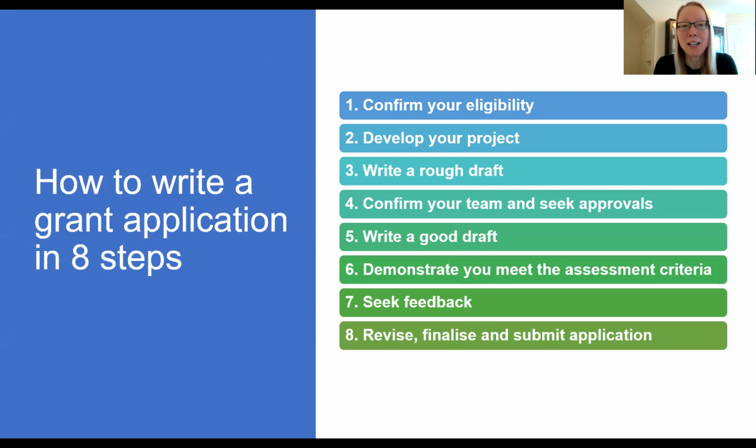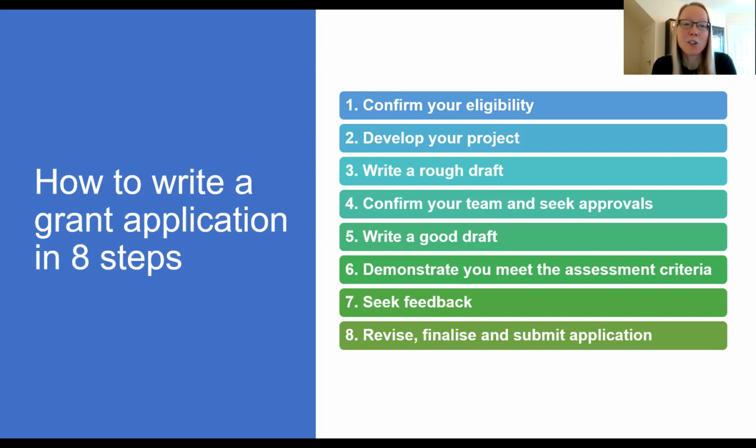So the first step is to confirm your eligibility. The second is to develop your project. The third is to write a rough draft. The fourth is to confirm your team and seek approvals. The fifth is to write a good draft.